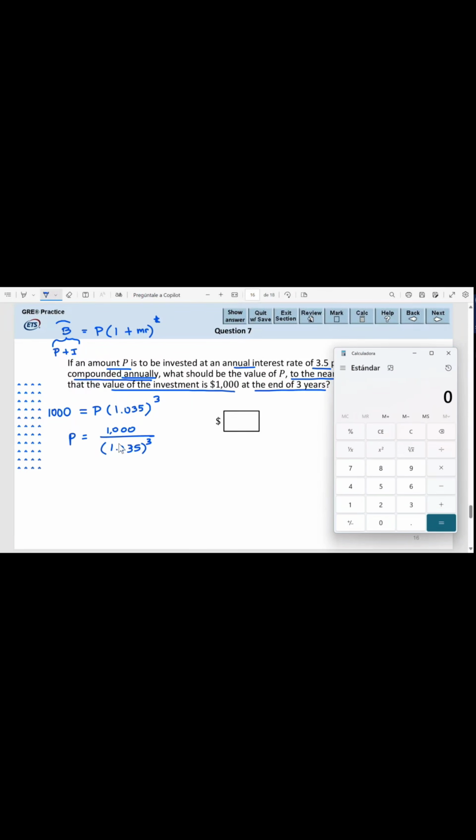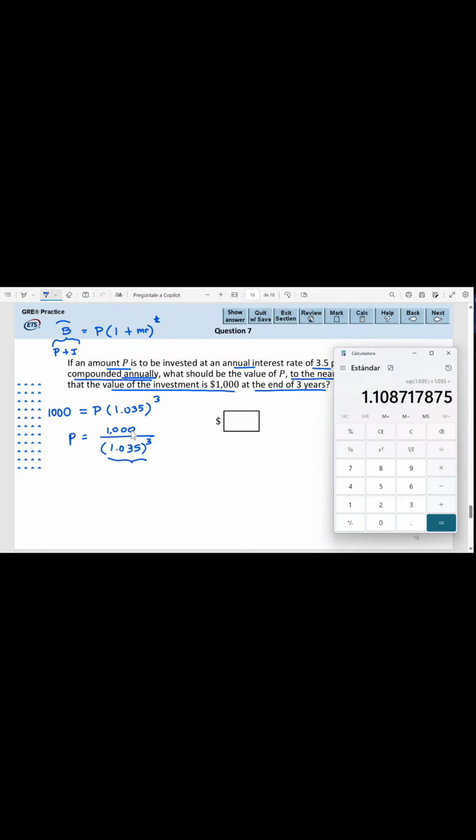If I want to calculate this using the calculator, first I will calculate 1.035 squared, and then I multiply again by 1.035. That yields this number, which is huge, basically this. But in order to make this more convenient, what I will do just next, since I need to divide 1,000 by that, this is the same as saying 1,000 multiplied by 1 over that number I just figured out, the cube of 1.035.